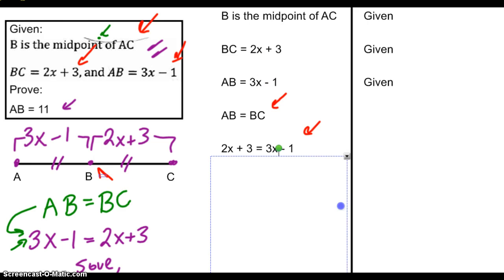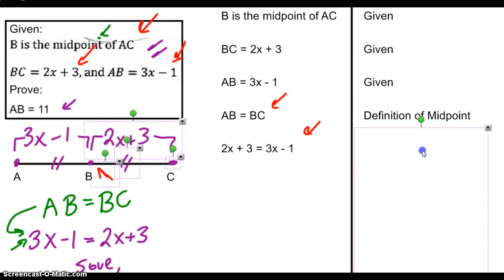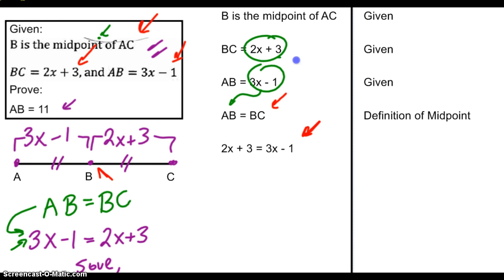And so on my proof sheet, I'm going to use the definition of midpoint. And then this next step, I'm just substituting AB in as 3x minus 1, and BC as 2x plus 3. So my reason will be the substitution property.